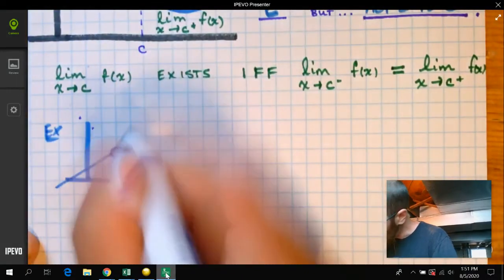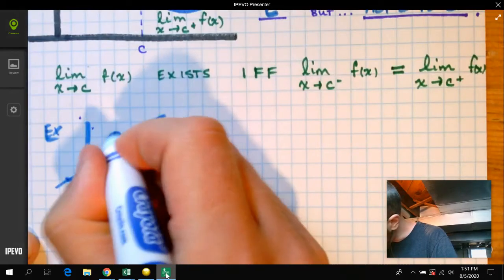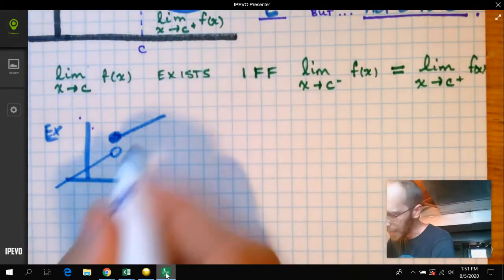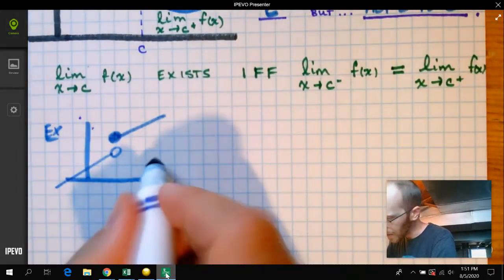Suppose we had a curve and it's grooving along, and then all of a sudden it jumps up here.